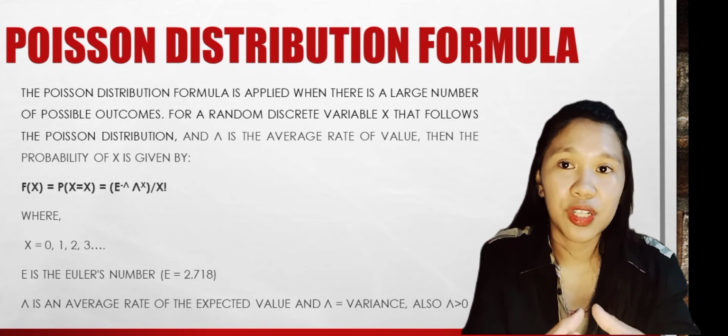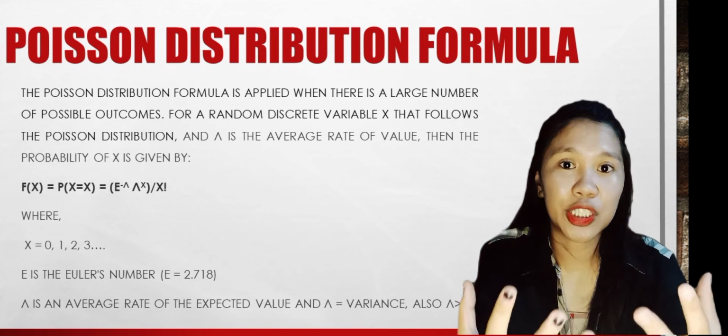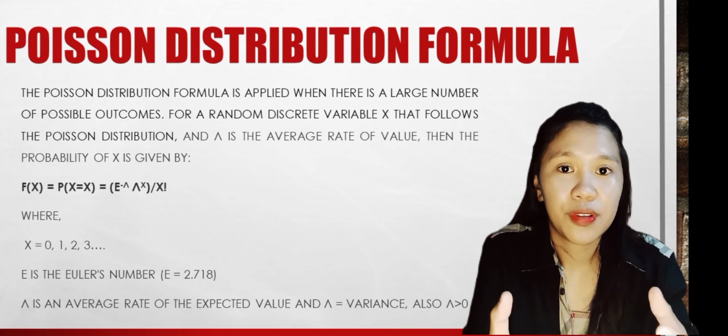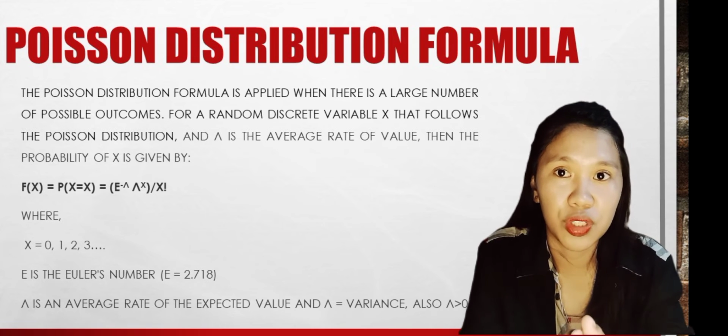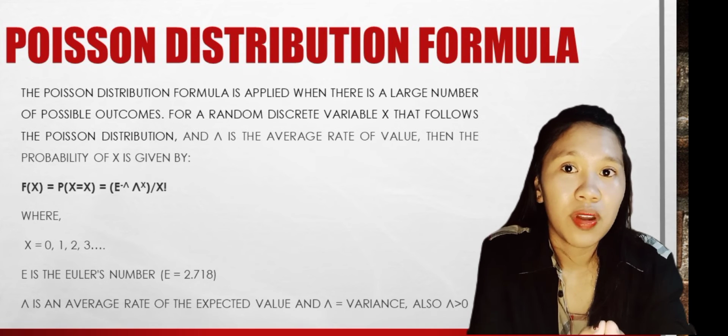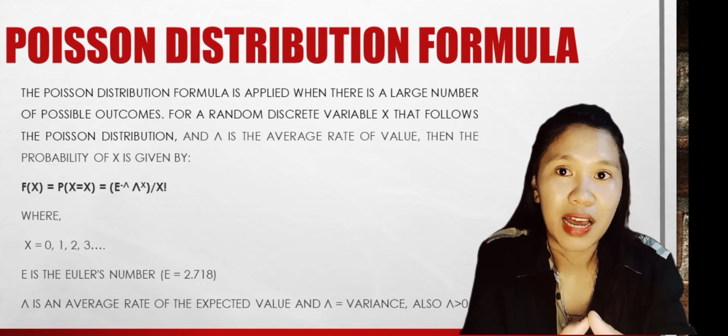We cannot answer a specific question if we do not know the formula. So before we go into the examples, let us first have the formula of the Poisson distribution. The Poisson distribution formula is applied when there is a large number of possible outcomes.